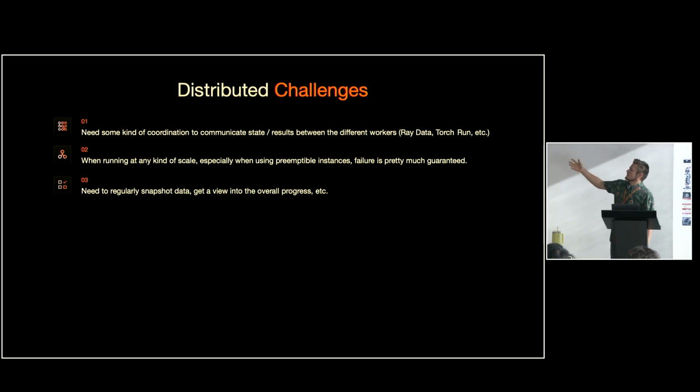When you're doing anything distributed, failure is pretty much guaranteed, especially now. Everyone wants to use preemptible instances because the other ones are just way too expensive. So you have to deal with that, and you have to regularly snapshot the overall progress. These are tangential challenges, but there are other things you'll run into when you're trying to do distributed data loading.